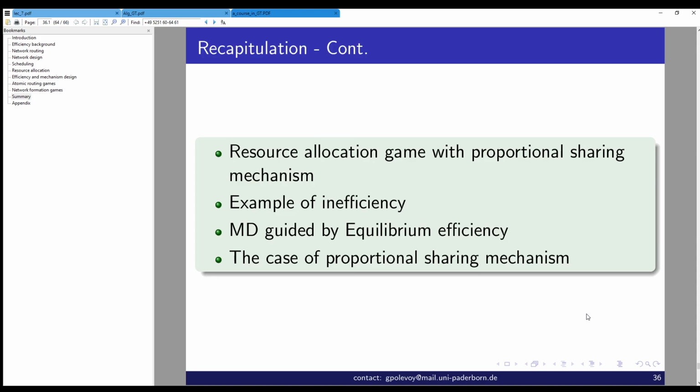So if we see a game which is always inefficient, we can ask, can we change this, or adjust, or invent a completely new game from some class of games that will actually be efficient. So the equilibrium efficiency measures guide mechanism design.